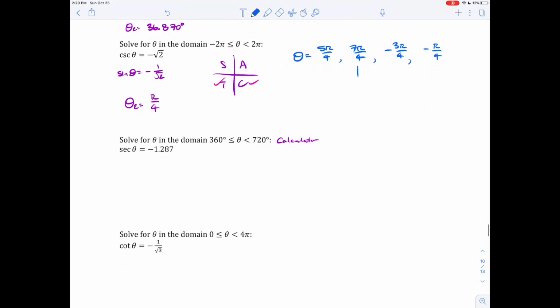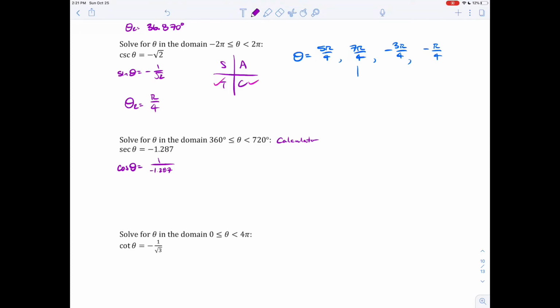This next one, secant of theta, is negative 1.287. So cos of theta is 1 over that, whatever that number happens to be.